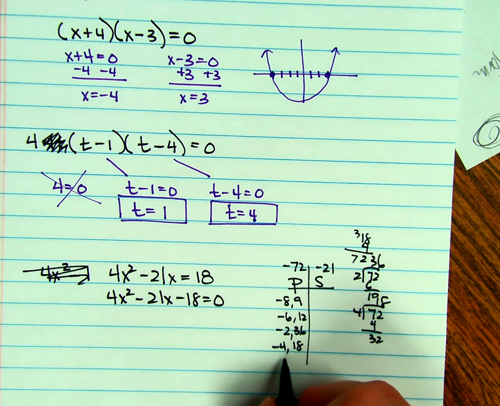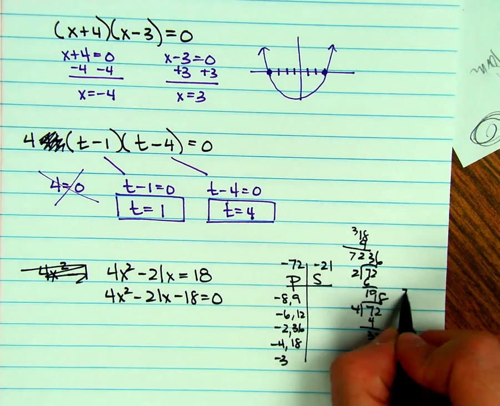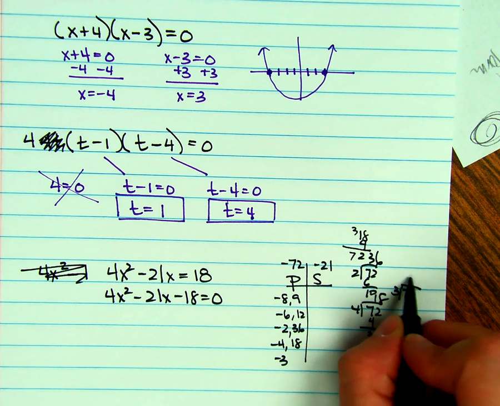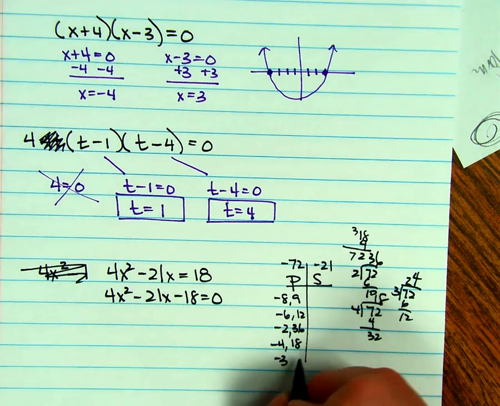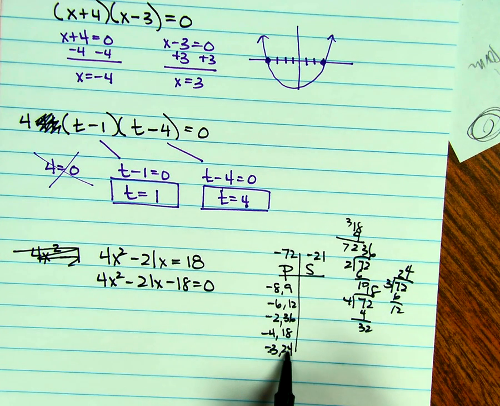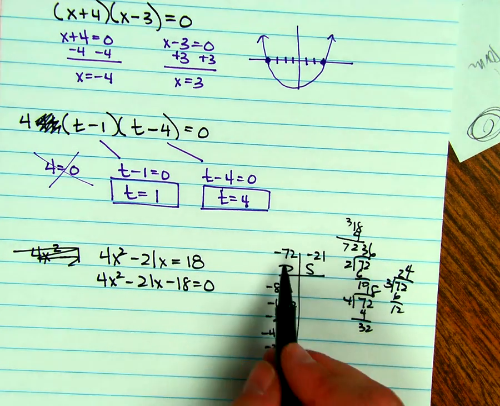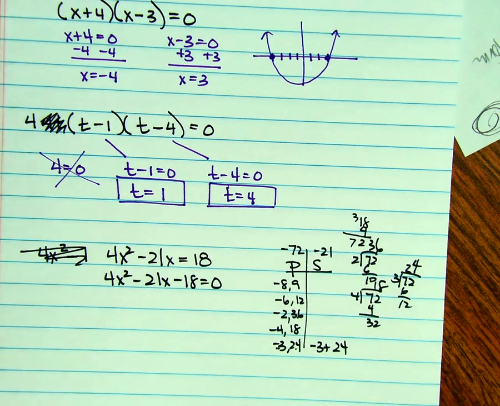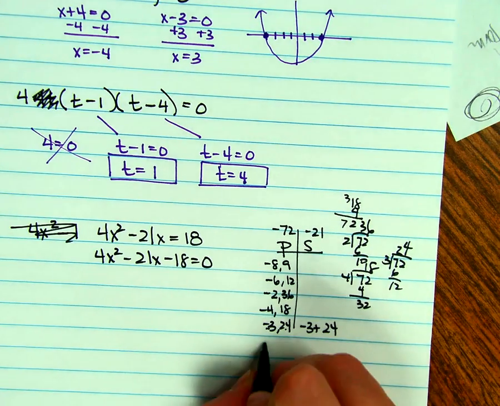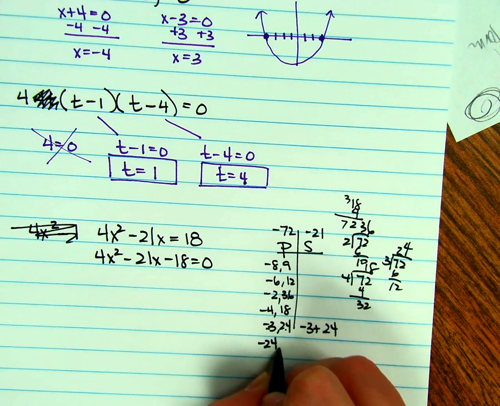Well, we're getting closer. How about a 3? So 72 and a 3, 24. Ha! Okay, so if I have negative 3 and 24, those multiply together to give me negative 72, but they add together to give me a positive 21. So I'm going to put my negative on the 24 instead.